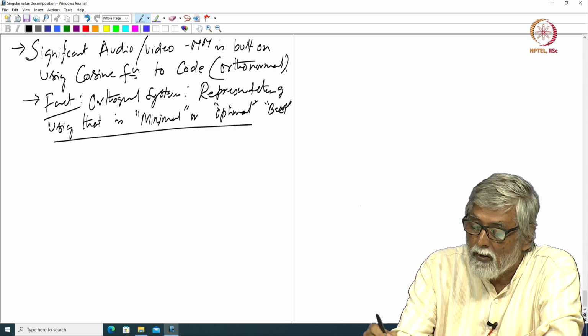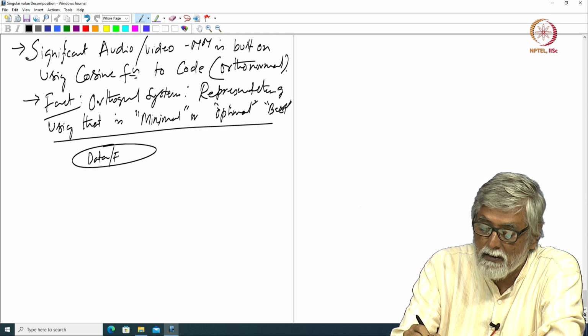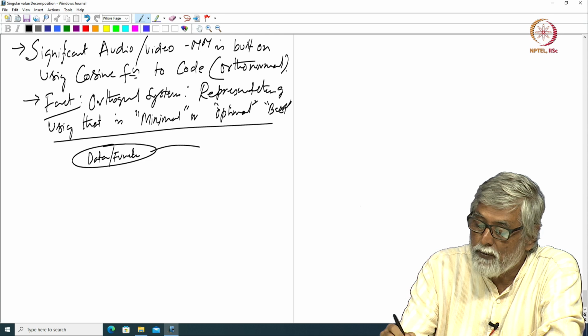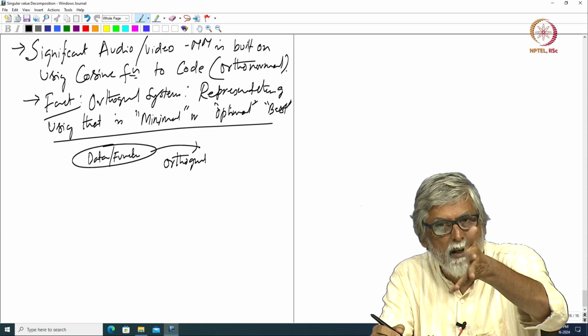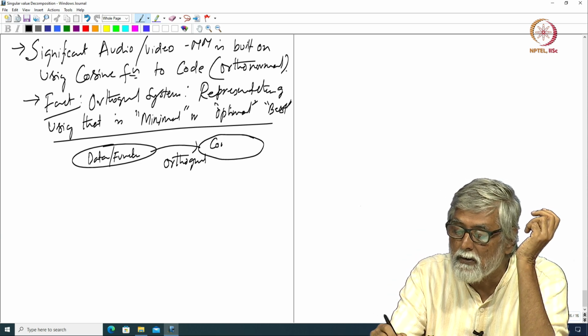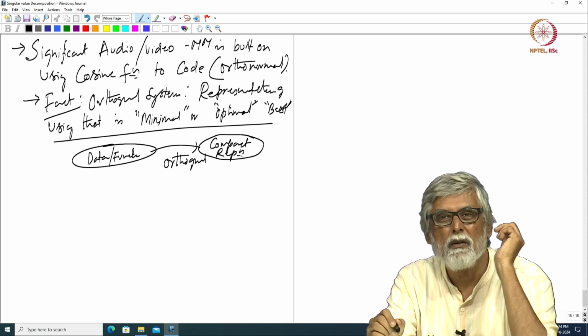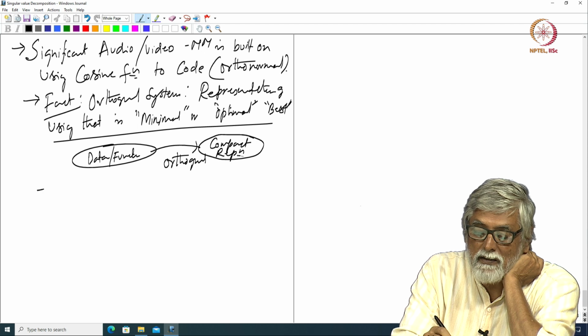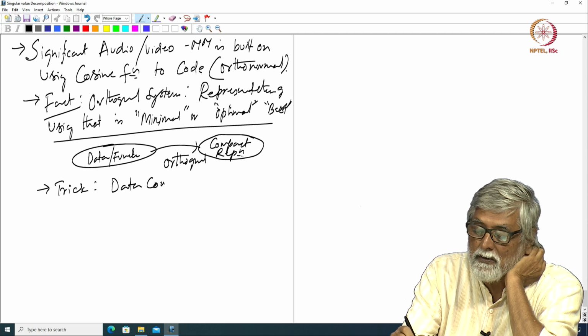Meaning, whenever you have data or function, if you use an orthogonal, or if it is orthogonal, even better would be orthonormal, which is not a difficulty, you get a compact representation. So, this is the trick involved in what is called data compression.